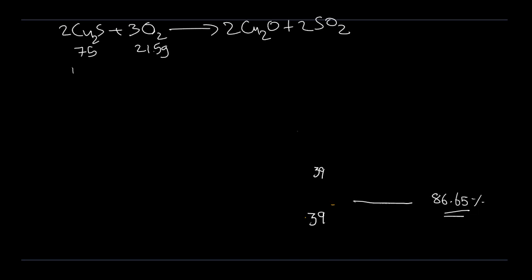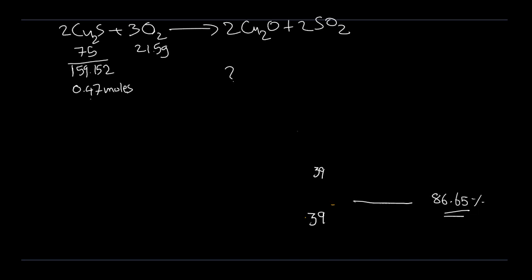And now first I will go with the copper 1 sulfide and I will see how much copper 1 oxide will form. So I will find the number of moles by dividing with the molar mass of copper 1 sulfide and I will get 0.47 moles. So now I can see the mole ratio, that is 0.47 moles will give how much copper 1 oxide.